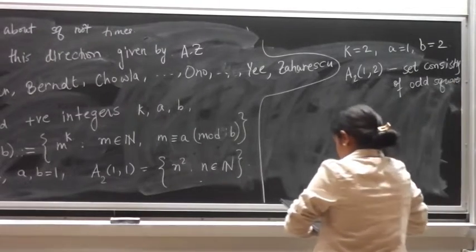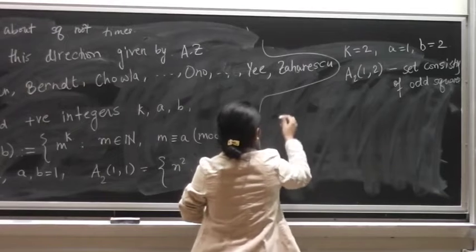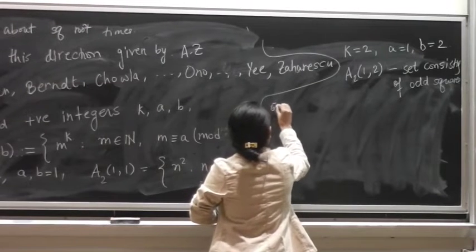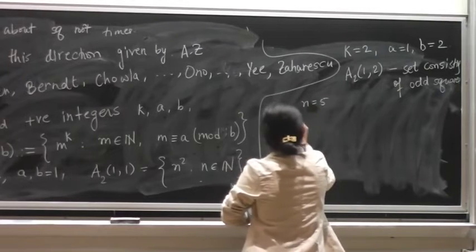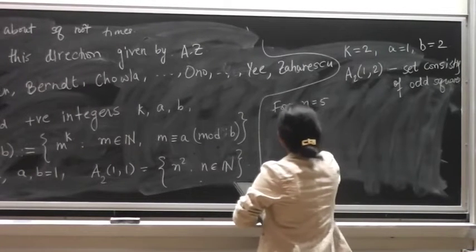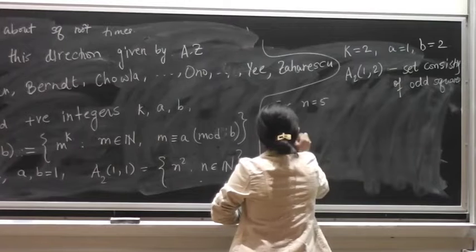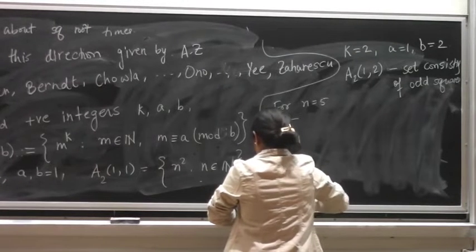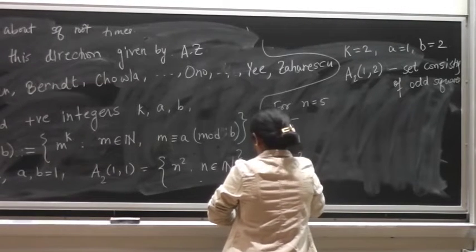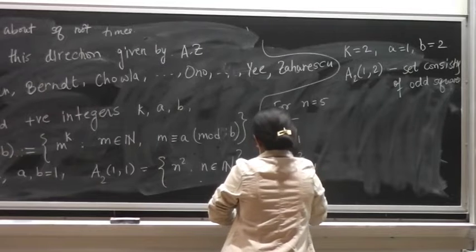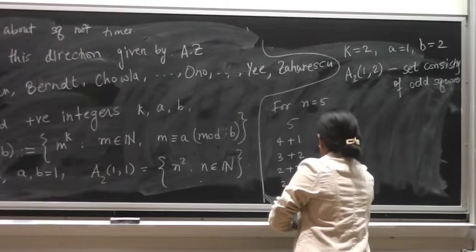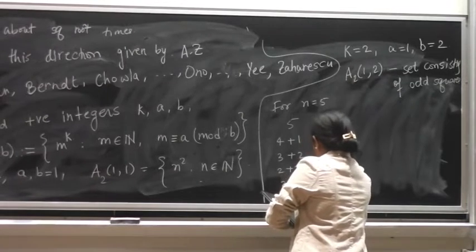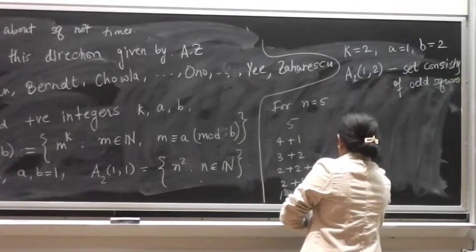Okay, so as an example, for n equal to 5, the usual partitions p(n) are given by 5, 4 plus 1, 3 plus 2, 3 plus 1 plus 1, 2 plus 2 plus 1, 2 plus 1 plus 1 plus 1, and 1 five times.